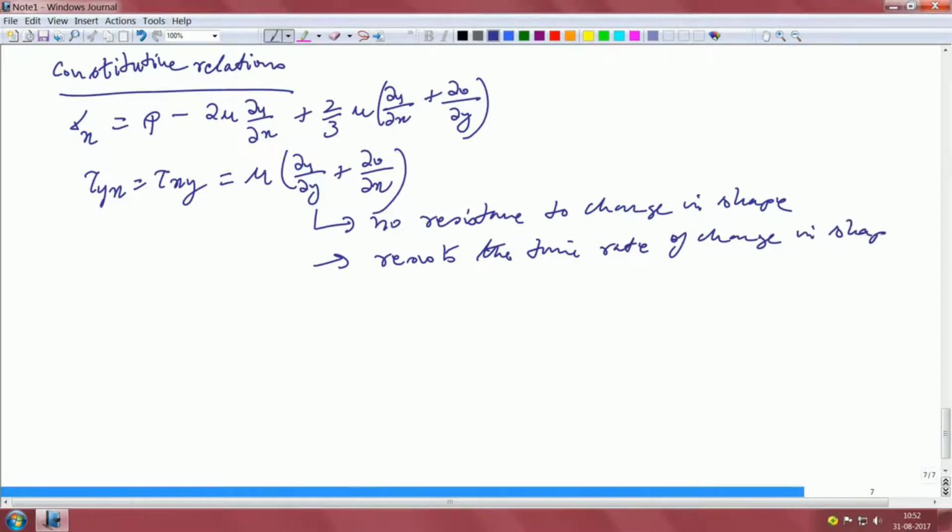Got it? So, these are the two important things to note: no resistance to change in shape, but it resists the time rate of change of shape. Okay? Now, for incompressible flow, these are the special assumptions, with constant viscosity.